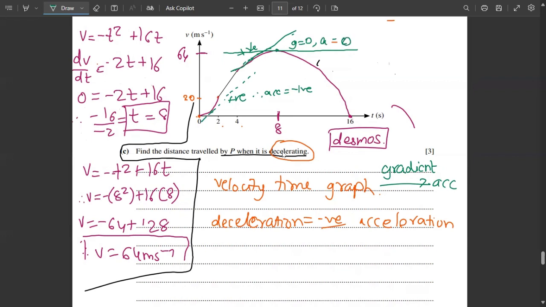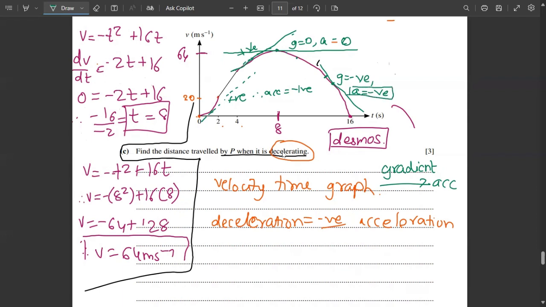Now, as we move to this point or this point somewhere, we can see a line like this. That means that the gradient is negative, and so the acceleration will also be negative. That's what we found out.